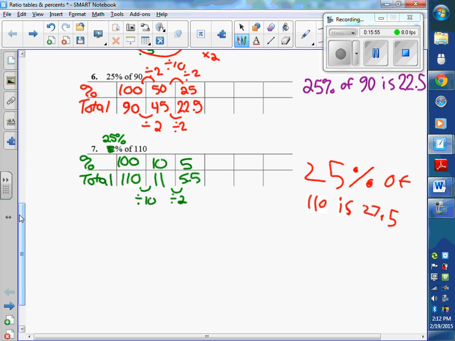And then we're trying to get to 25, so I need that 5 times 5 is 25. So I times it by 5. So she got the same answer. Okay.